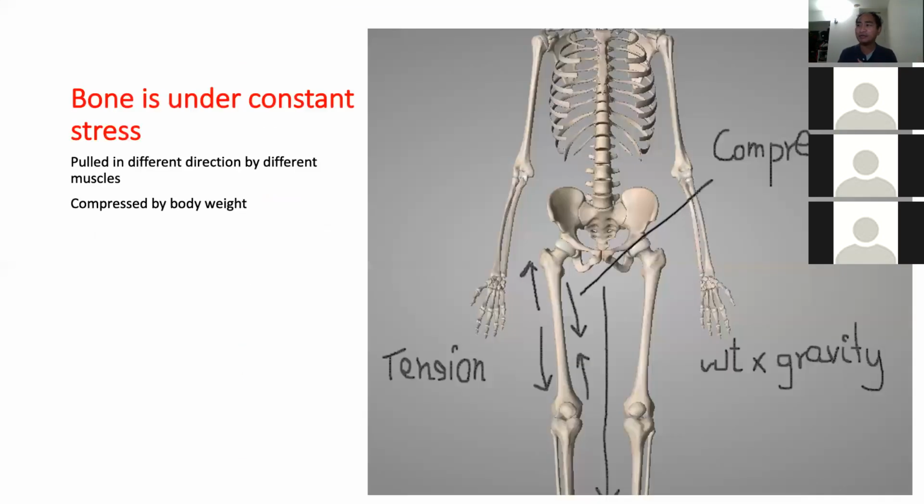Bone marking, and the bone is under constant stress if we are standing upright, because the femur is this shape. So if we look at the vectors, this is the bending, this is the compression force, and this is the tension force pulling apart. So the bone is under constant stress, and the form of the bone will follow the function.